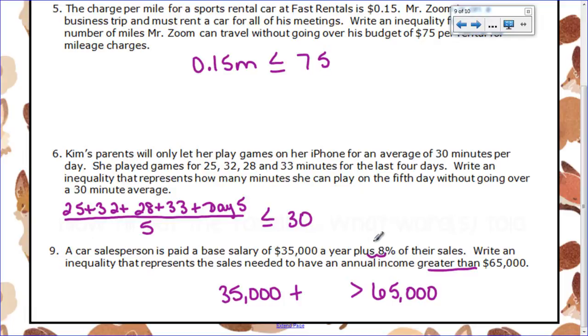So this becomes 0.08, and that's going to be important. So they get 8% of whatever their sales are, and I'm going to call those x, because if I use the letter S, then it sometimes looks like a 5 and it's confusing. So they make their $35,000 plus 8% of the sales, and it's got to be more than $65,000. That's how I would write that inequality.